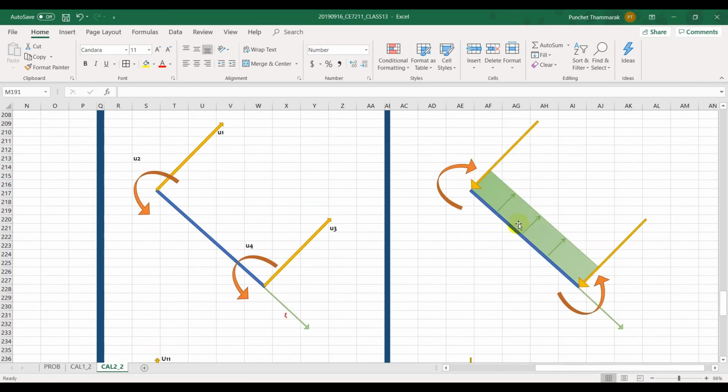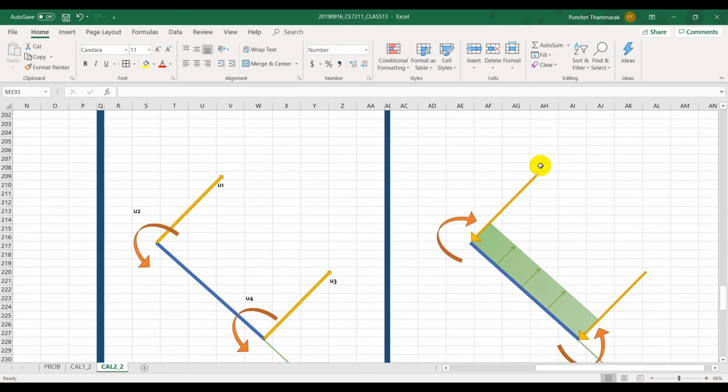So for degree of freedom number 1 and degree of freedom number 4, we have nothing, they will remain 0. This is going downward, but your positive setup of DOF is going upward like this. Then we know that this is going to get the negative sign there in the vector.